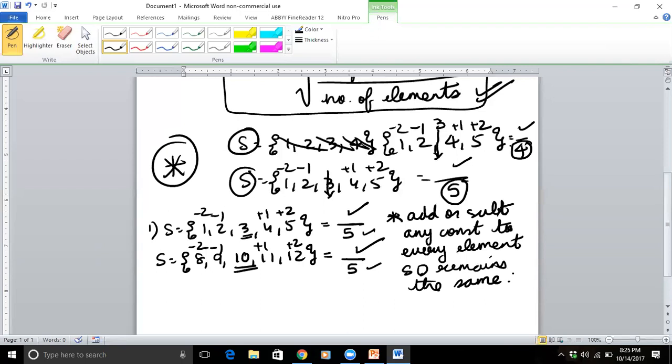Logically, the numerator remains the same and the denominator remains the same. Okay with this, guys? The first property of standard deviation: you can add anything you want, you can subtract anything you want, and the standard deviation is going to remain the same, but you have to do it to every element of that set.